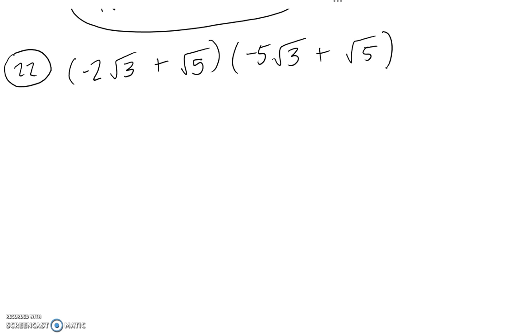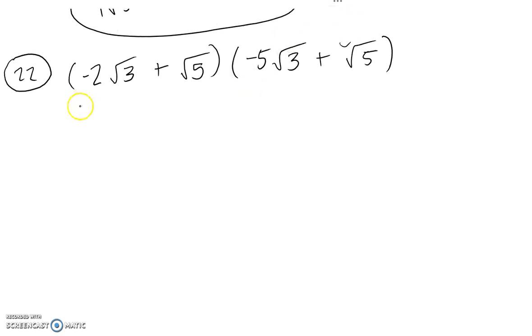Now, you're going to have the initial instinct that I'm going to multiply -2 times this one, and then this one times this one. That's super wrong. Don't do that. Now, what you should be noticing is that this has the same form as a problem that we've done before, where it might look like something like this: x plus 3 times x plus 4.